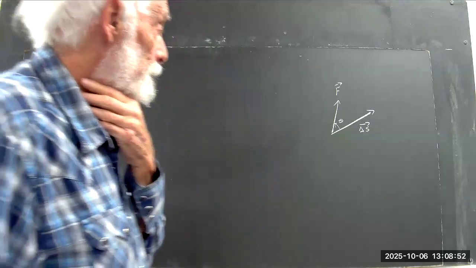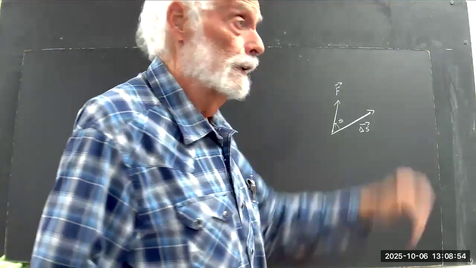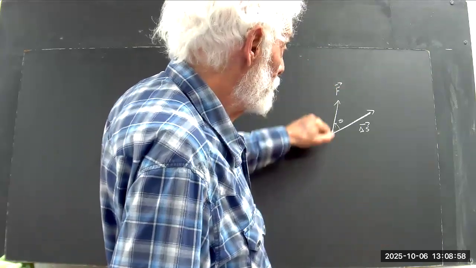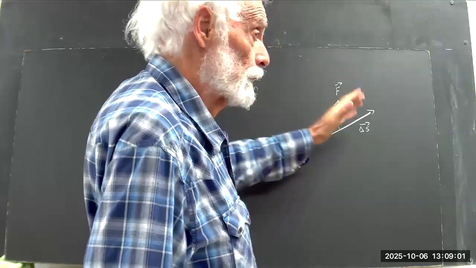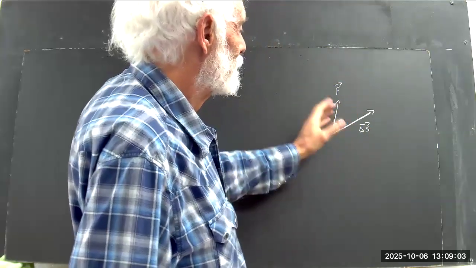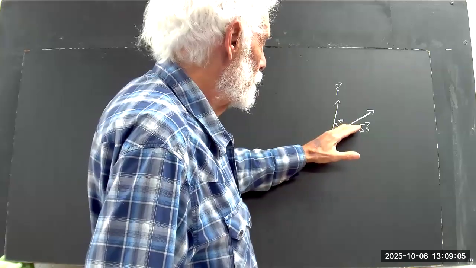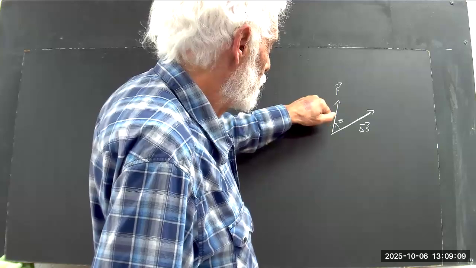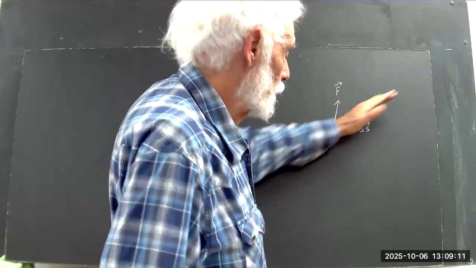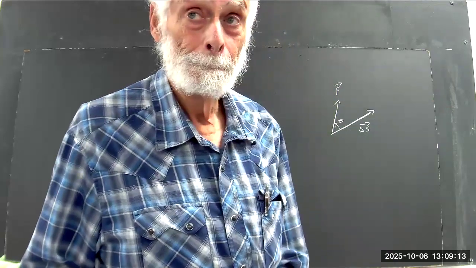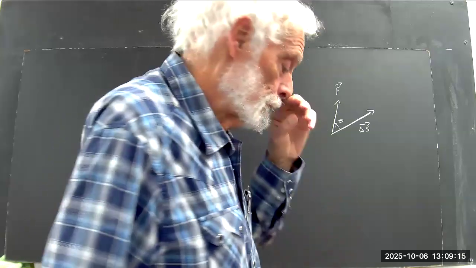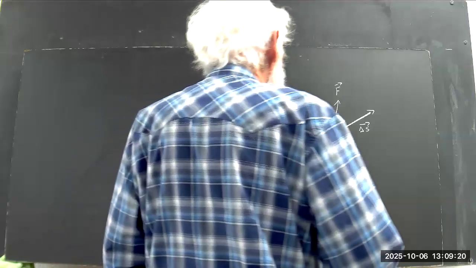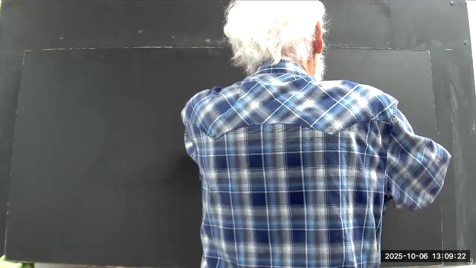You could, for example, have an object sliding up an incline with this force, a nearly vertical force, but of course, it makes less than a right angle with the direction of motion. You can understand that if this force is big enough, it'll pull that object up the incline, right? You can resolve that force into two components.